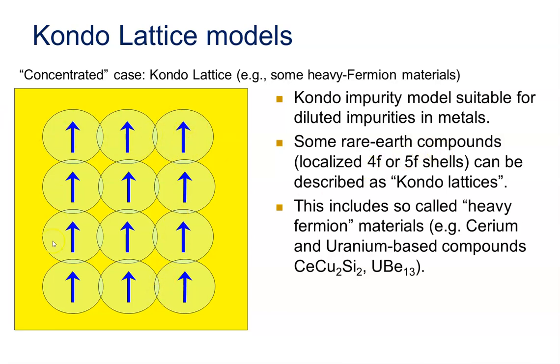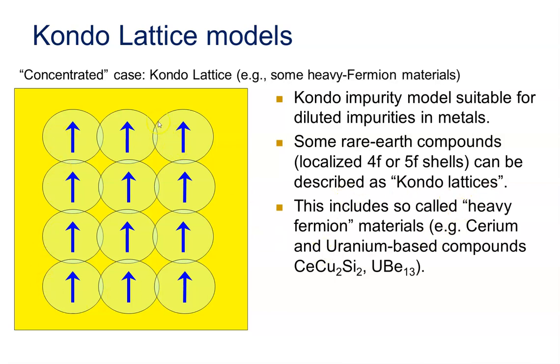So these Kondo Lattice systems include materials such as uranium-based and cerium-based compounds and other newer materials as well. But usually these electrons are localized in 4f or 5f orbitals, like rare earth materials and so on.